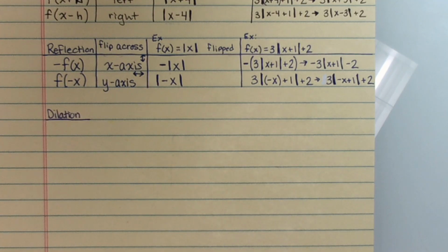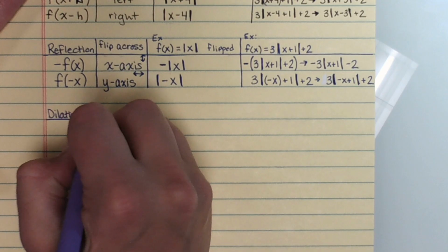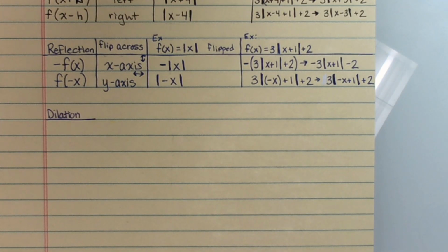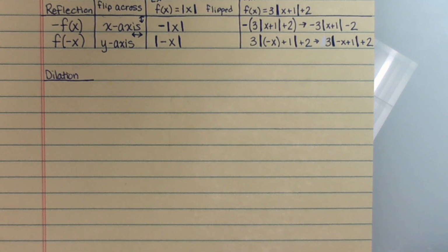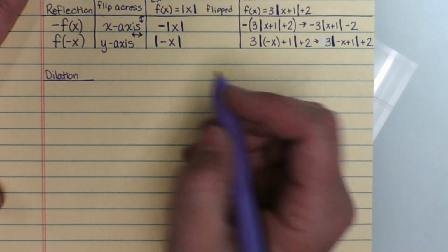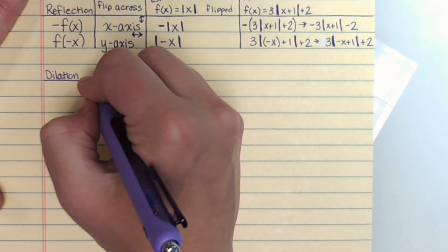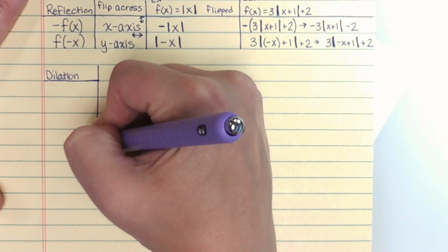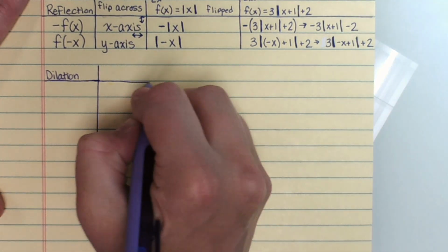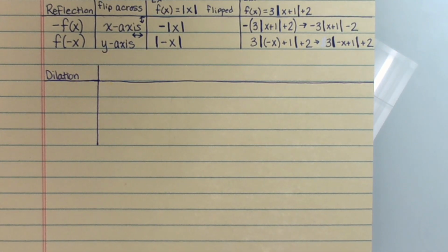The dilations deal with A. There are 4 types of dilations. We've so far talked about 2 of them. We're actually going to add 2 more of them today.